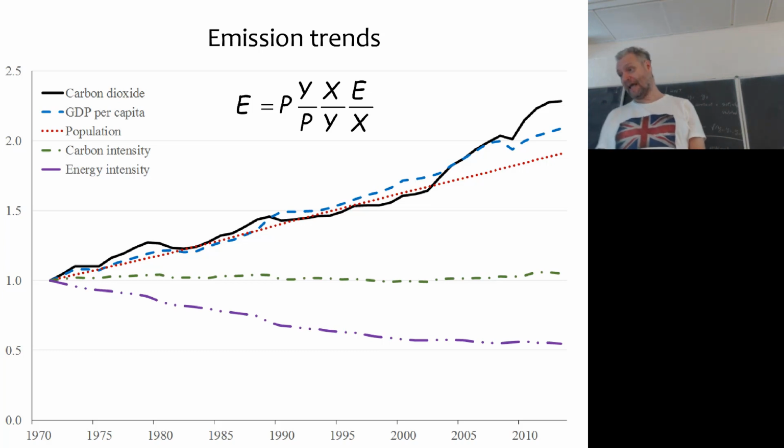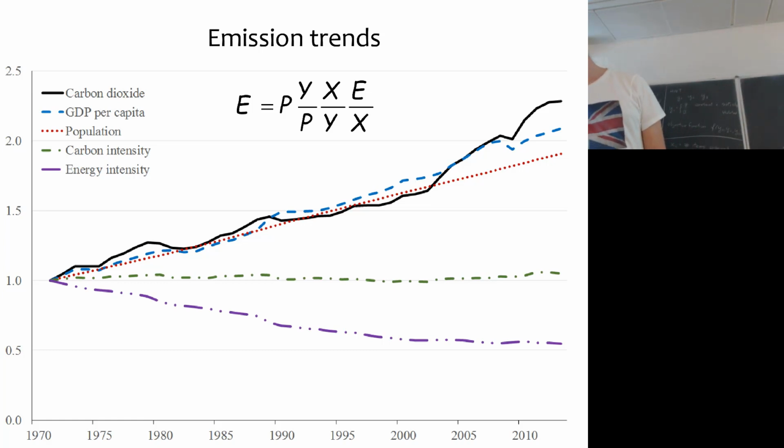Then if you look at per capita income, that's the blue line, that has doubled over the period. This is per capita, so if population doubles and per capita income doubles, then of course the size of the economy has quadrupled over this period, roughly, right? Now the size of the economy has quadrupled, but CO2 has only doubled. So something good must have happened as well.